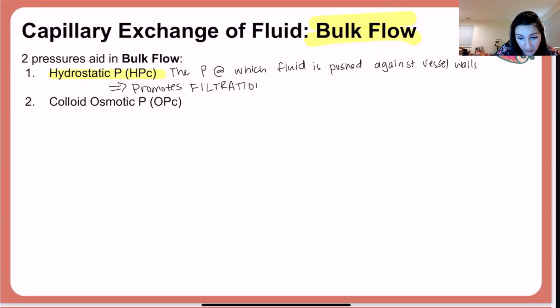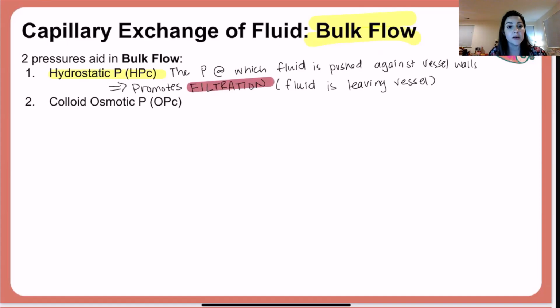Filtration is when fluid is leaving the vessel. And this, of course, is in capillary, so it would be leaving the capillary. So I'll highlight that new word, filtration. I'll highlight it in red. Filtration, that's a new word.